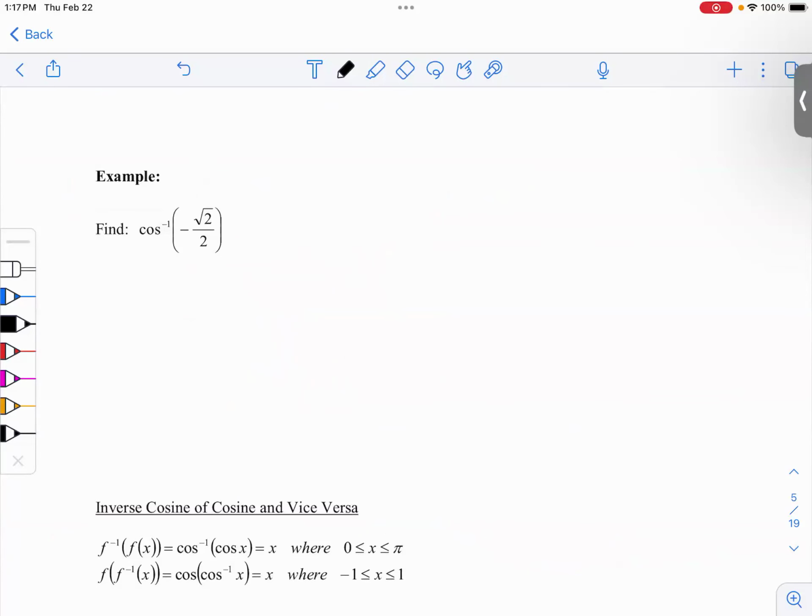But the big part is that once again, in order to use this and to find an exact value, I could set that equal to theta, then take the cosine of both sides.